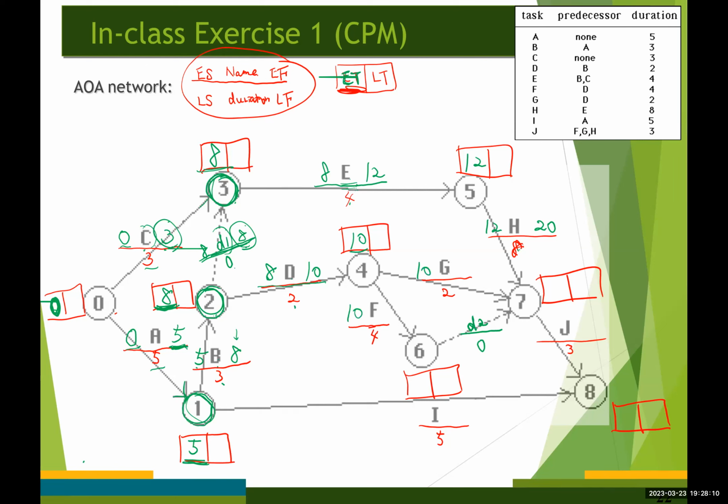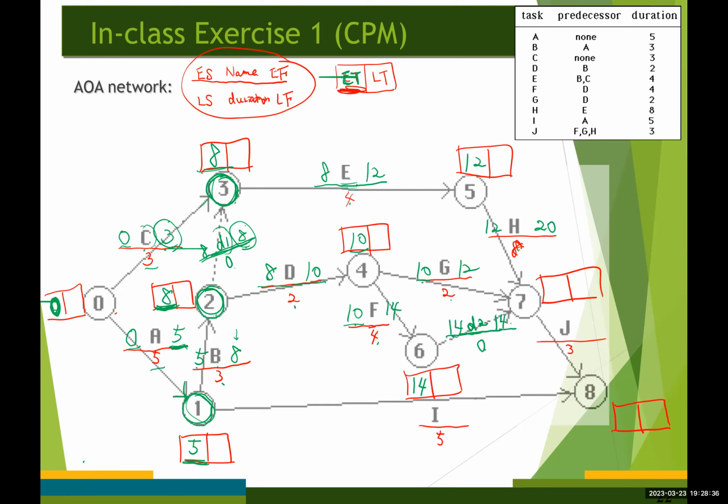And then 10, just copy from here. 10 plus 4 is 14. 10 plus 2 is 12, right? So down here we have 14, and then here we have 14. 14 plus 0 would be 14.